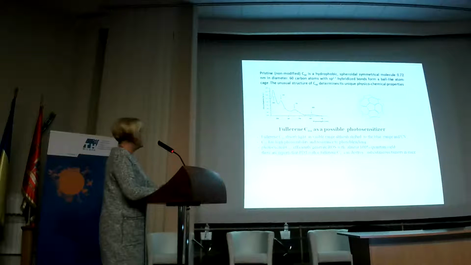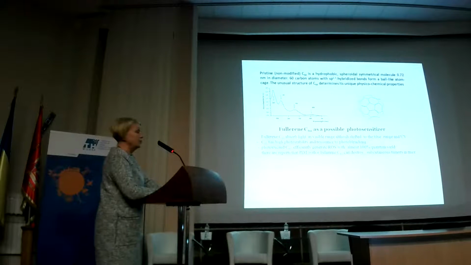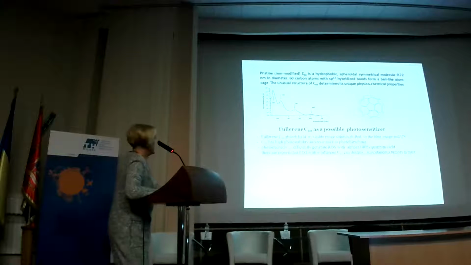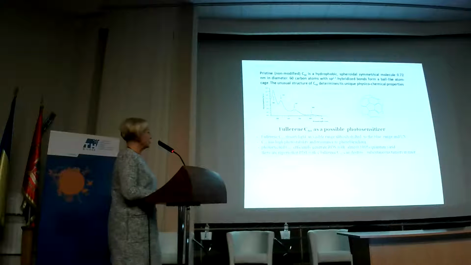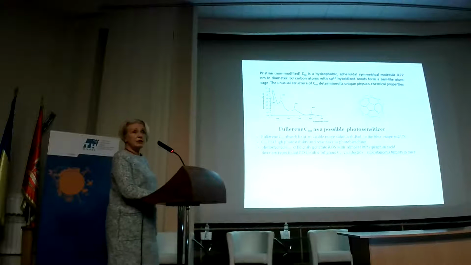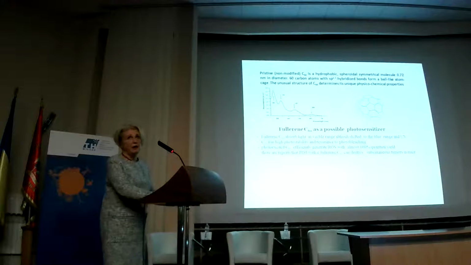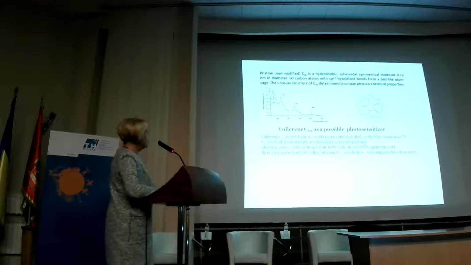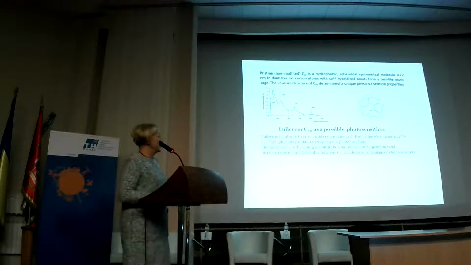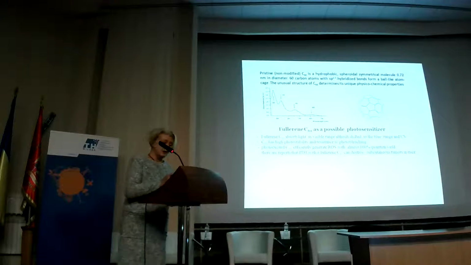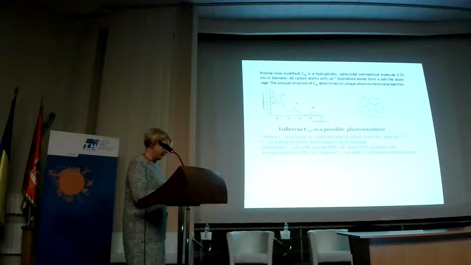C60 has high photostability and resistance to photobleaching. Photoexcited C60 efficiently generates reactive oxygen species, and the quantum yield is nearly 100%. It's very high. And there are reports that PDT with fullerene can destroy subcutaneous tumors in mice. These are in vivo experiments, which are rather rare.